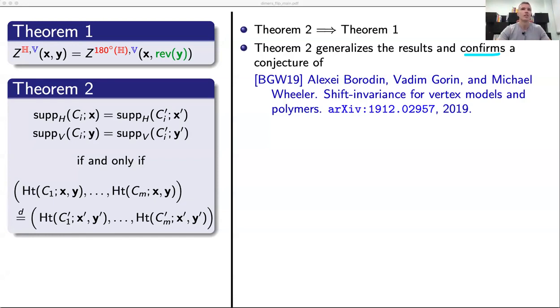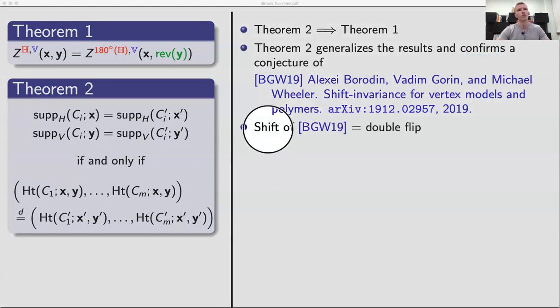But Theorem 1, actually, so the shift invariance in this paper is a certain transformation where you're allowed to take one cut and move it one step up for the price of swapping two y variables. And then it turns out that this particular transformation is just a double flip. So you apply a flip on a bigger rectangle and then on a slightly smaller rectangle, and that gives you the shift transformation, which they used to deduce many asymptotic results for other models, which were open problems before.